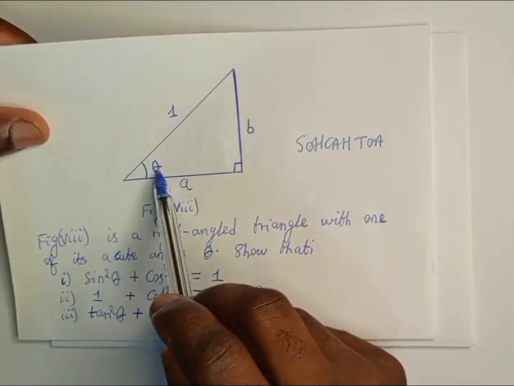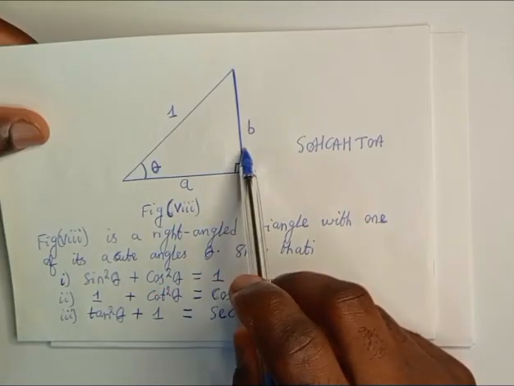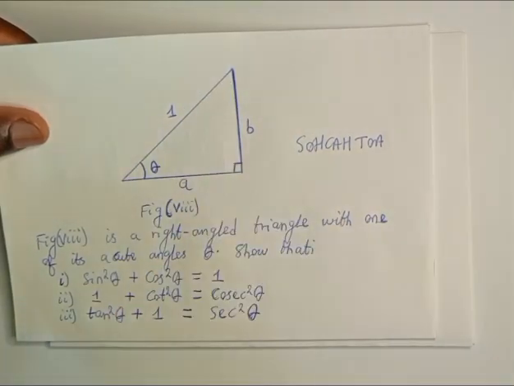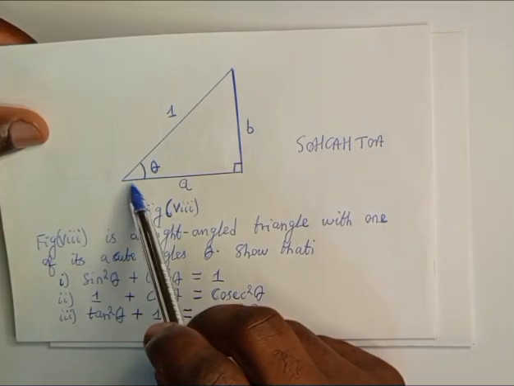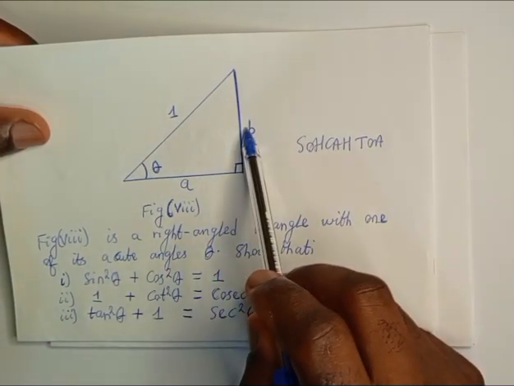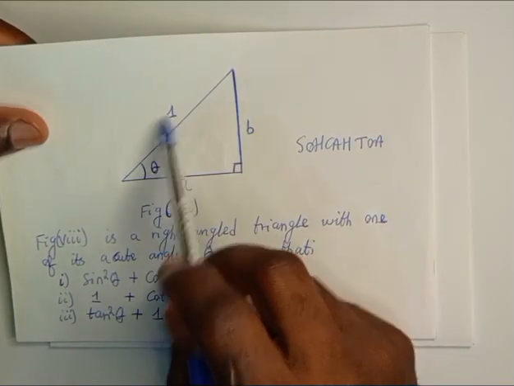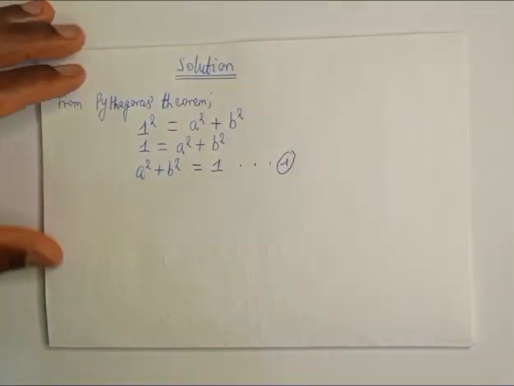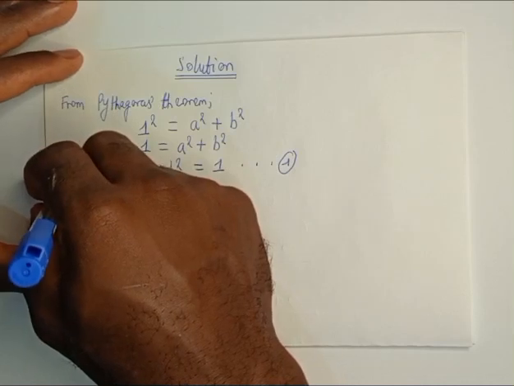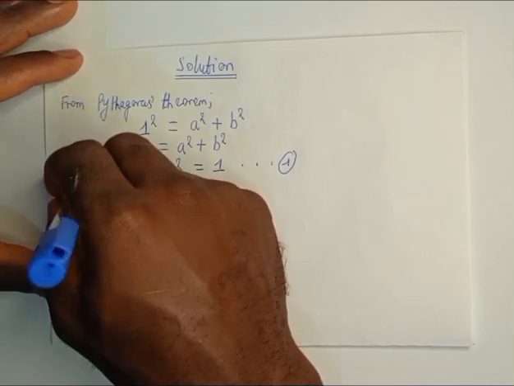This is acute angle theta. This is our opposite. This is the adjacent. The hypotenuse remains the hypotenuse. The sine of the acute angle theta is given by the opposite b over the hypotenuse 1. Take this down, writing the trig ratios of theta.